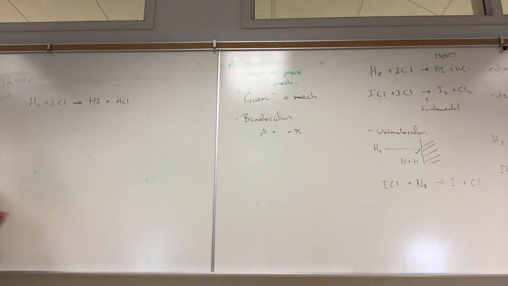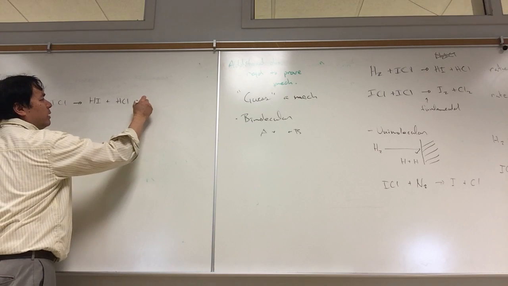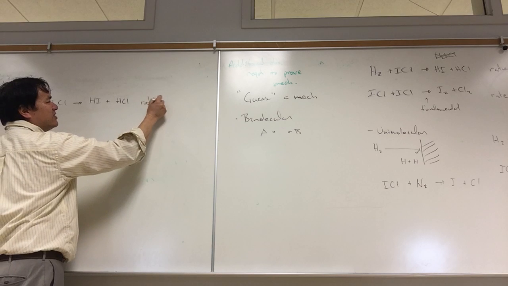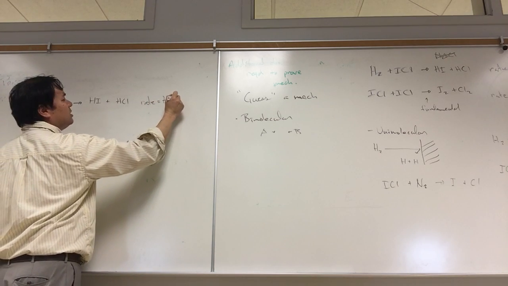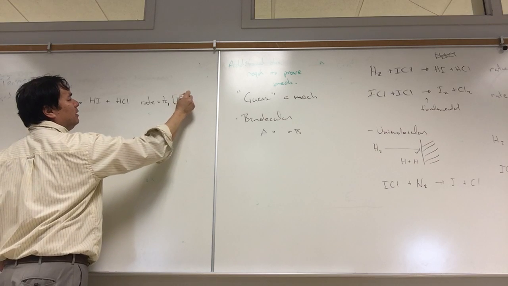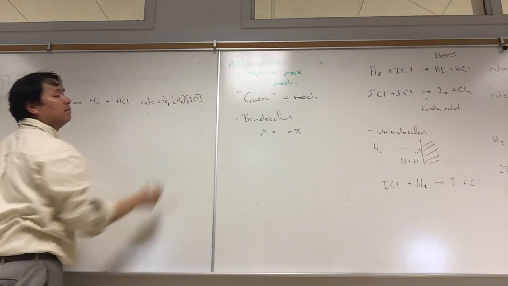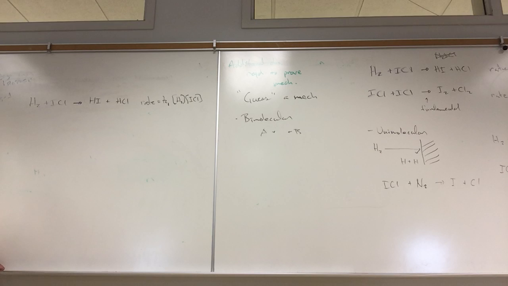All right, what's the rate of this step? The rate of this step is just equal to k, we're going to call it k1 for step 1, times the H2 times the ICl. Okay. Well, if you look at that, compare this to the overall rate, the experimental rate, and what do you see?